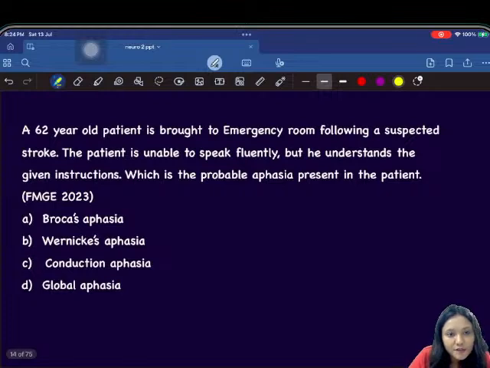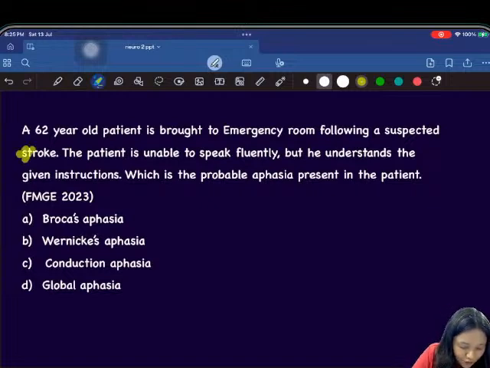Okay, now this is an interesting question which has been repeated in 2023. They will mostly be asking you about Broca's and Wernicke's area. So a question came: a 62-year-old patient is brought to the emergency room following a suspected stroke.